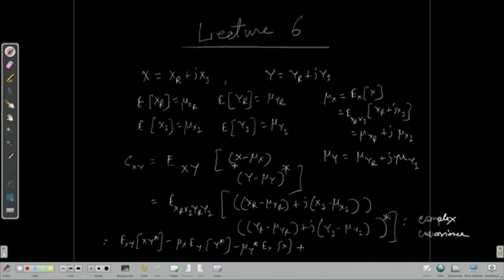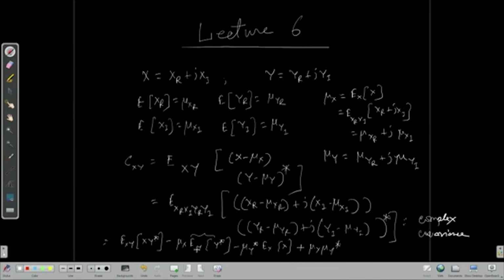So, that will come out as a double integral with the joint density. You have to multiply this by the joint density and double integrate. So, this will come out of the integral, and the joint density double integral from minus infinity to infinity equals 1. So, it will be minus minus plus mu x mu y star. But what is this?